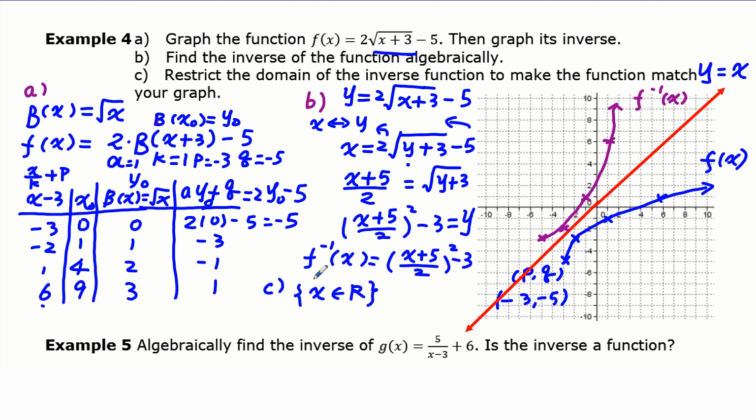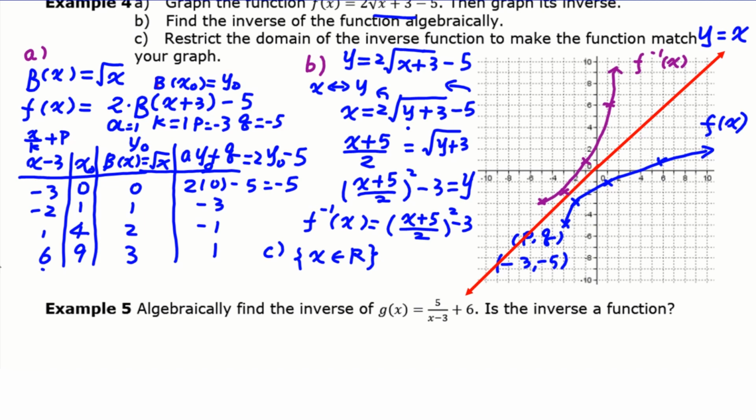So you will see that for square root, when we find the inverse, it's still a function. But for quadratic, if we do the inverse, it has a point of intersection of 2, so it's not a function.